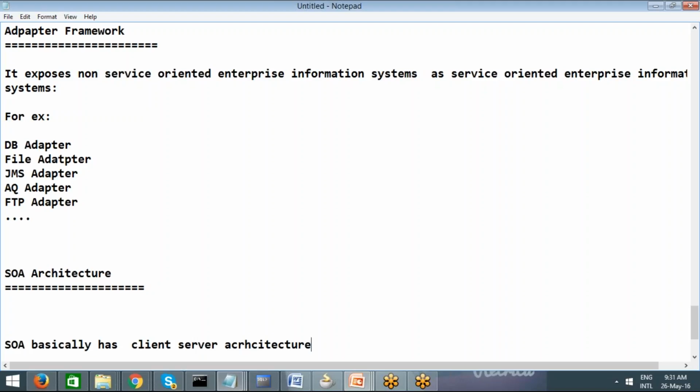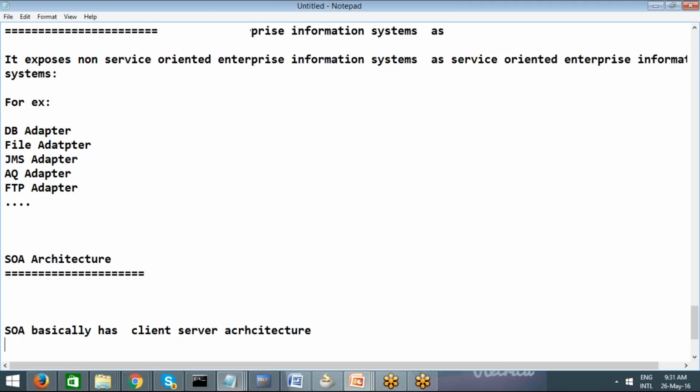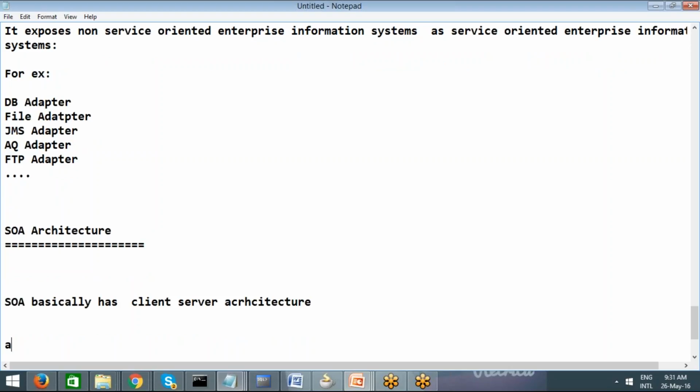For example, if you want to access some web portal, your web browser is the client which generates the request for the resource that goes to the server where your particular portal is available. Your request is processed and then you get back the response. That's how it happens. So in the SOA architecture, we have the service consumer.